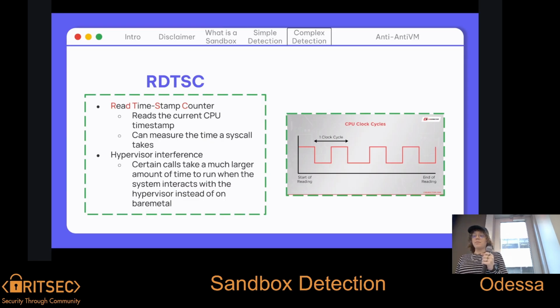All it does is get the time. But when used correctly, one after another, you can measure the time between two points. So if you use something that causes hypervisor interference between two RDTSC calls, that might look different when there actually is a hypervisor versus when you're just talking to bare metal.